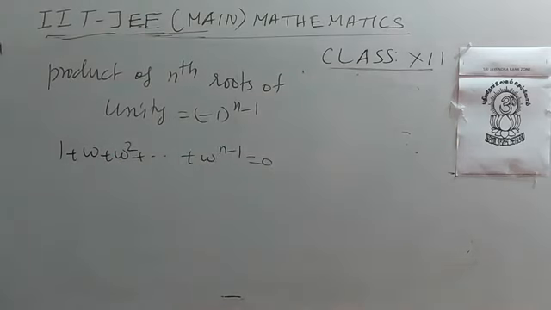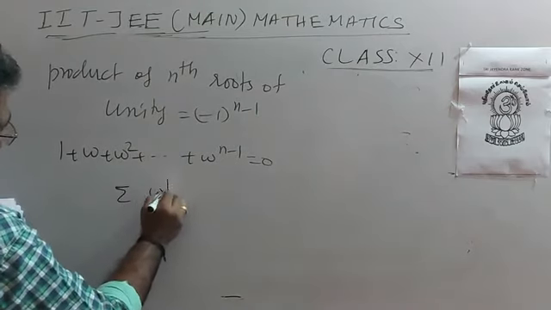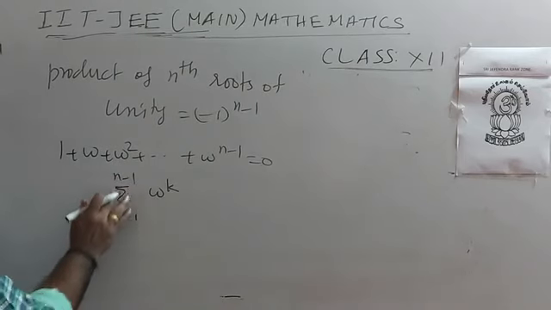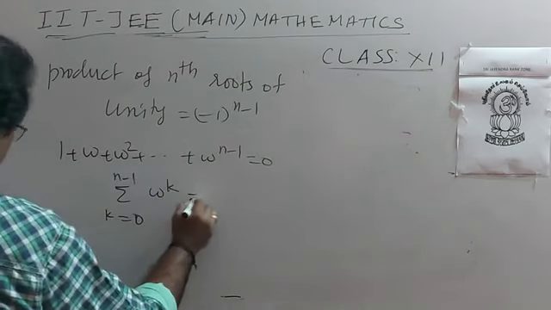Sum of nth roots of unity equals 0, that is sum of omega power k, k equal to 0 to n minus 1, omega power k equal to 0.